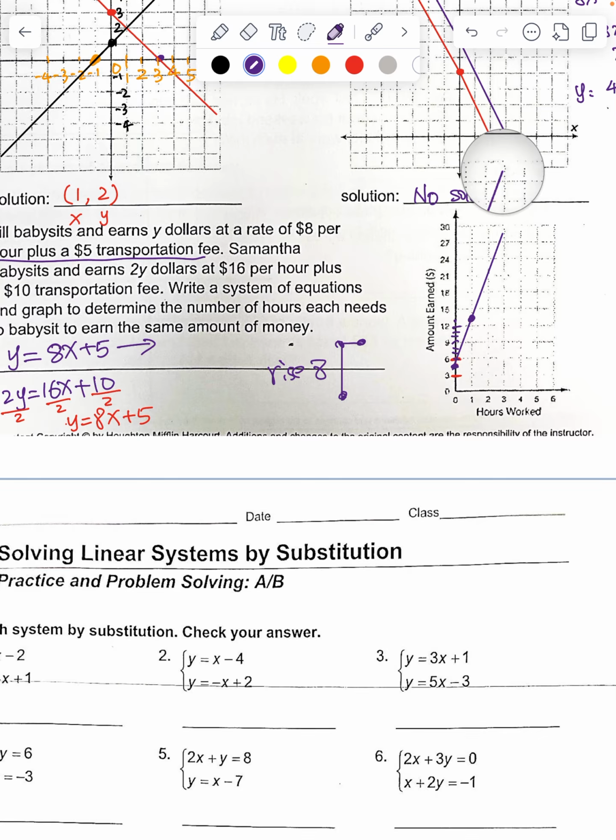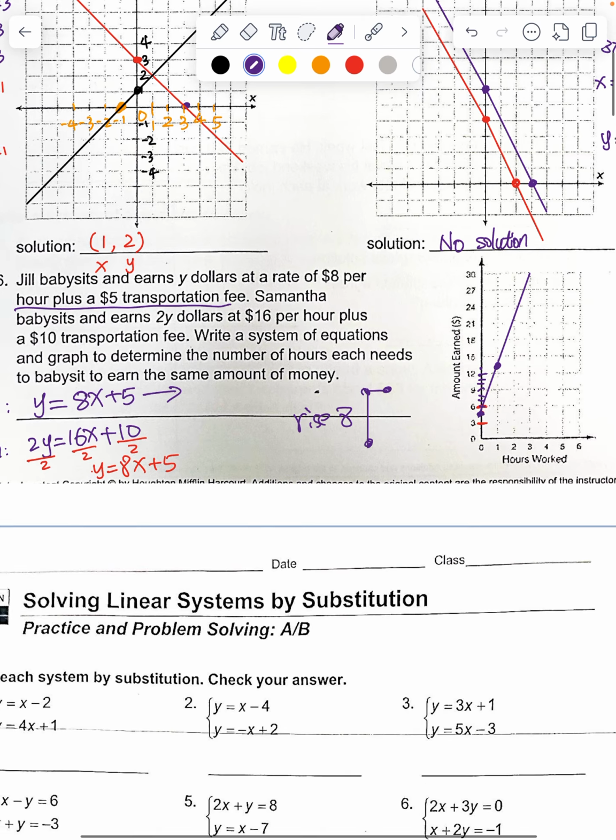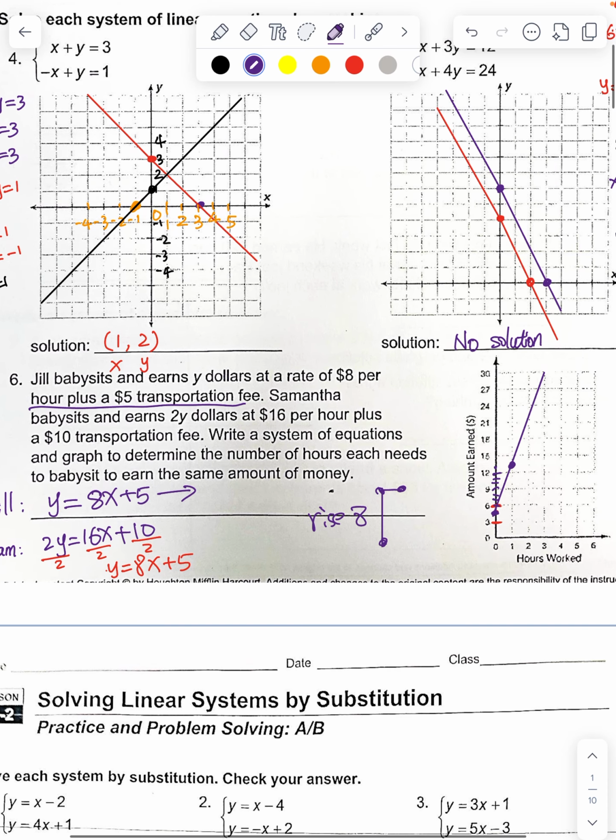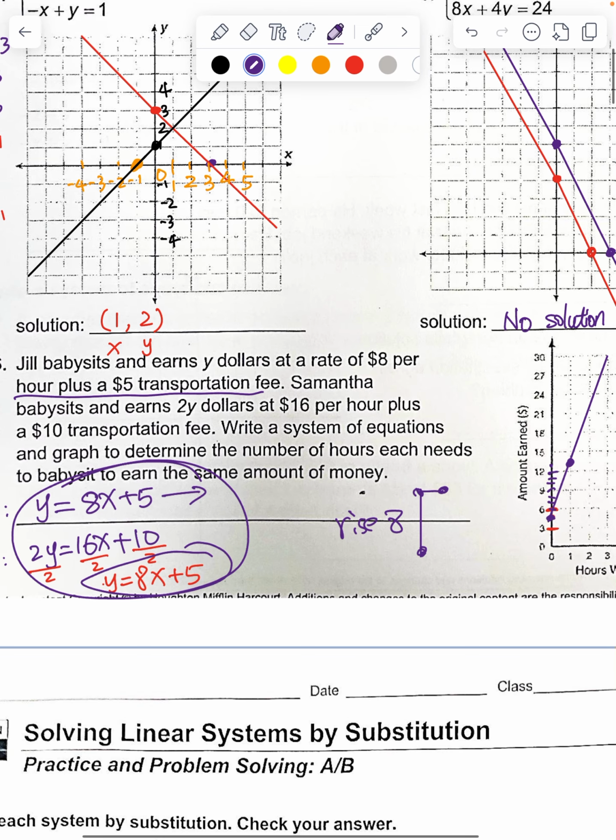This graph shows how much money these two people make babysitting, because they are the same equation after we simplified. So all we need to do is graph 1, and determine the number of hours each needs to babysit to earn the same amount.